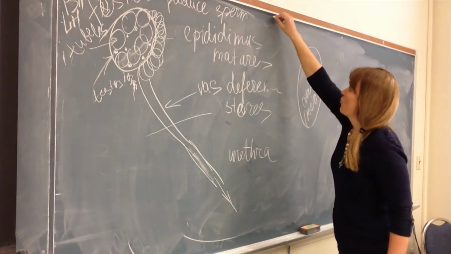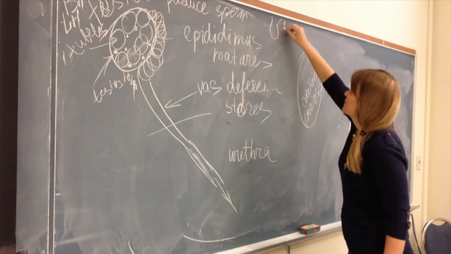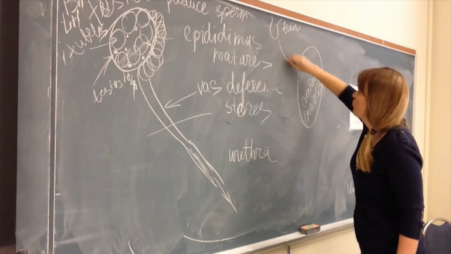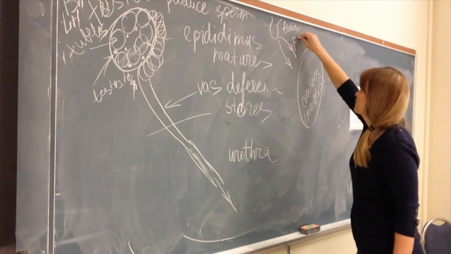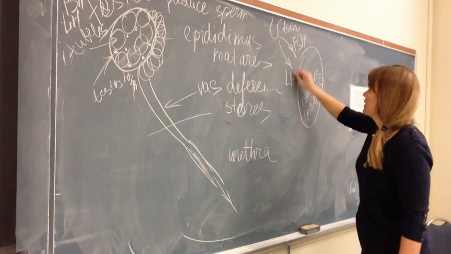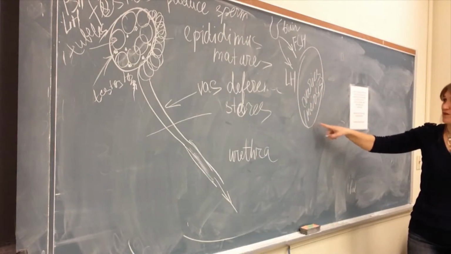I'm going to draw the brain, pituitary gland of the brain, and two hormones, follicle stimulating hormone and luteinizing hormone acting on ovaries.